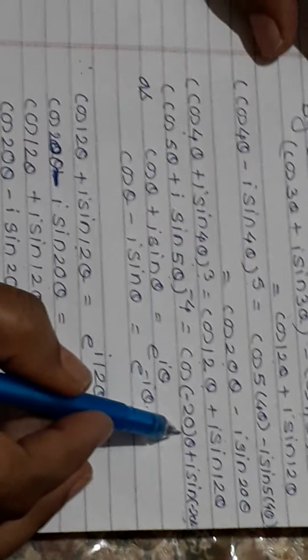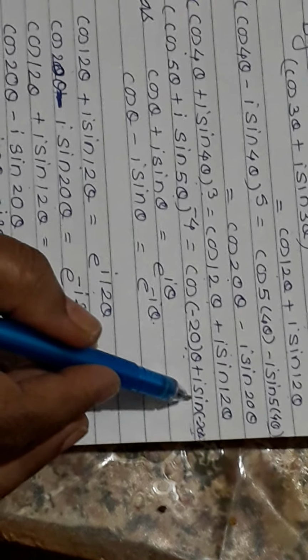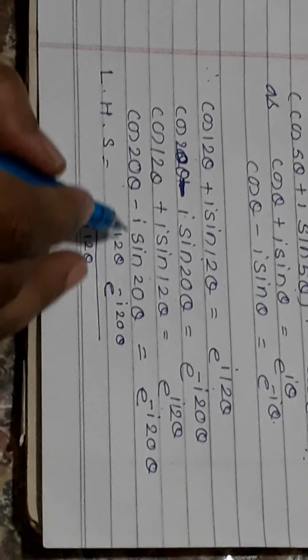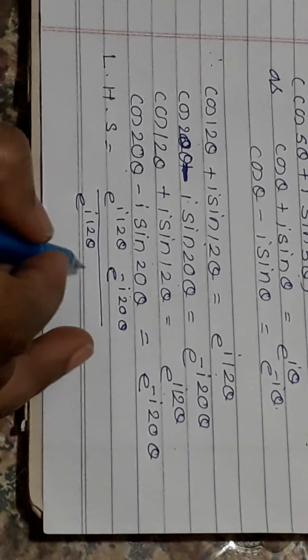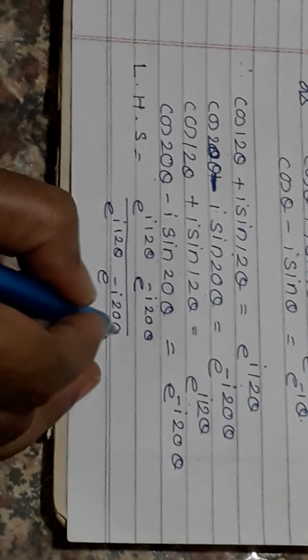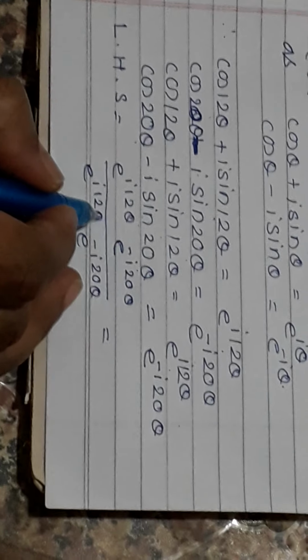Cos of minus 20 theta is cos 20 theta, and sin minus 20 theta is minus sin 20 theta, and therefore we write cos 20 theta minus i sin 20 theta, which is nothing but e raised to the power minus i 20 theta.